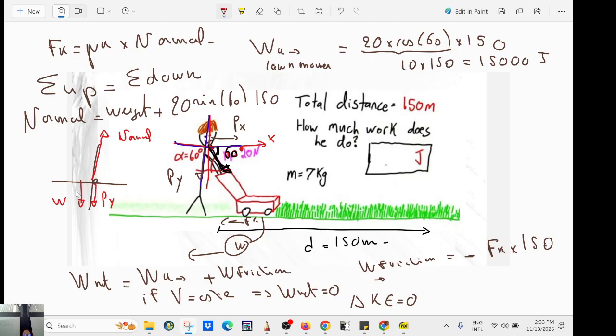Normal force is up, weight is down, and the y component of the push is down. You are pushing into the ground. Any question? The more you push, the more normal force you get. Always imagine that the ground is made of little springs. You compress more, you're going to have more restoring force. Any question?